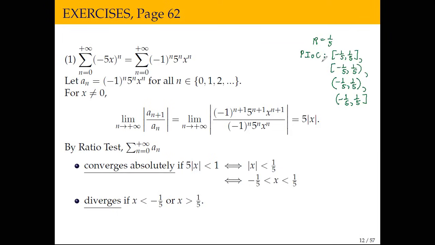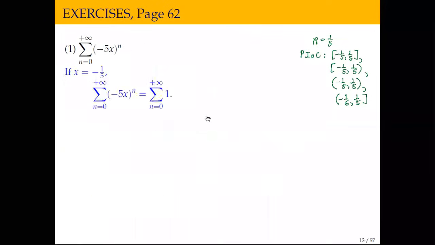For us to determine kung ano ba dito yung interval of convergence natin, let us check for the convergence when x is equal to negative 1/5 and when x is 1/5. If x is equal to negative 1/5, this infinite series is just equal to this infinite series.